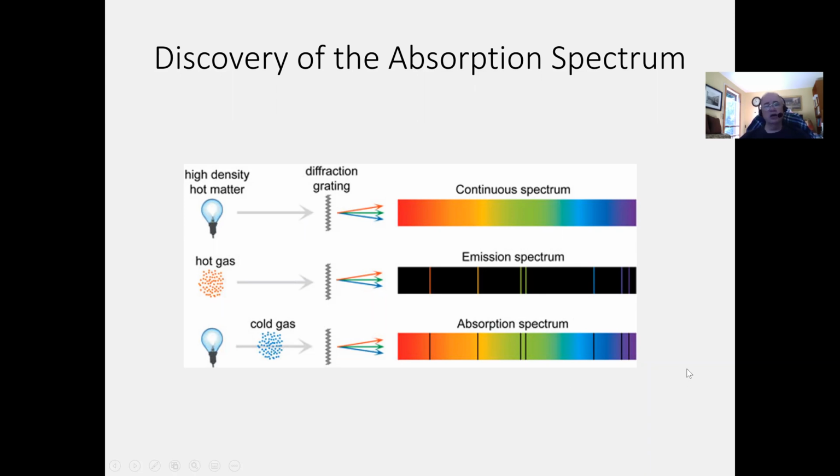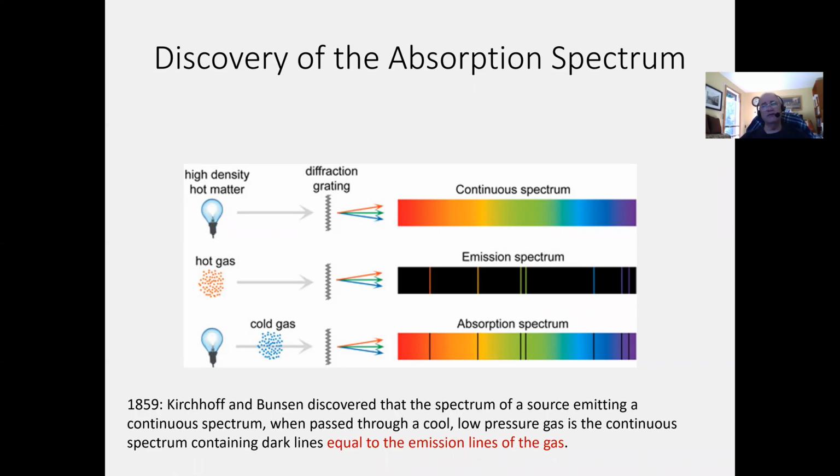This was just remarkable. In other words, you could actually get a negative image of the emission spectra by sending all the colors being created by a hot body giving off white light through the cool version of the gas. That gas would absorb the very colors that it gives off when it's very, very hot.